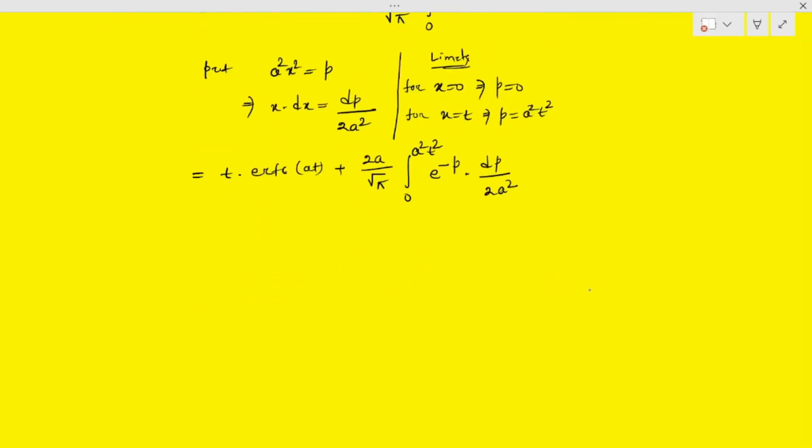So this will be t into complementary error function at plus, here 2 gets cancelled and one a gets cancelled, and we have 1 by a root pi, and the integration of e to the minus p dp is nothing but minus e to the power minus p from 0 to a square t square.